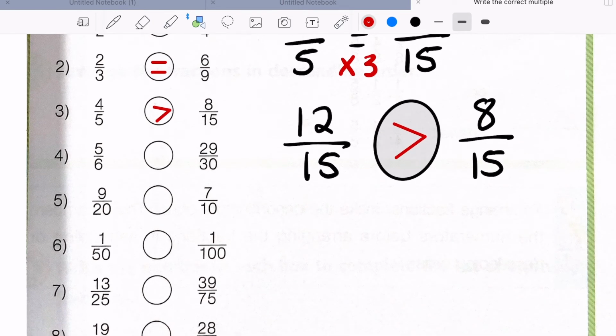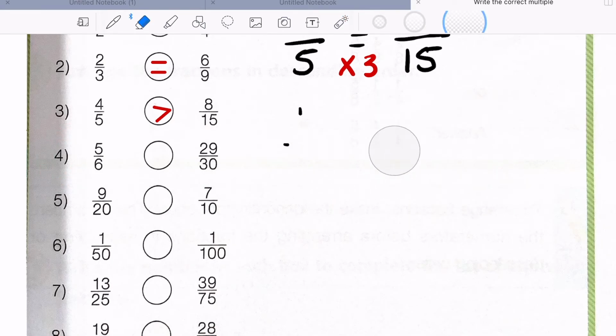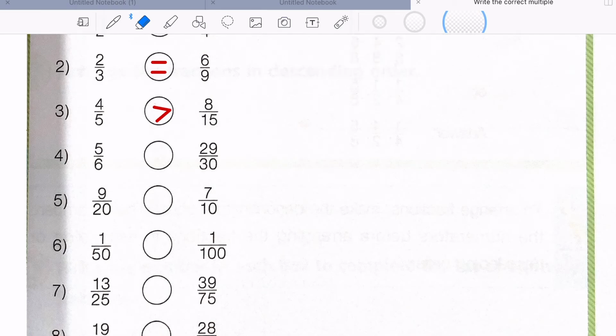Let's take a look at number 4. Let me erase this work here. Here we have 5/6 and 29/30. So we have to turn 6 into 30.